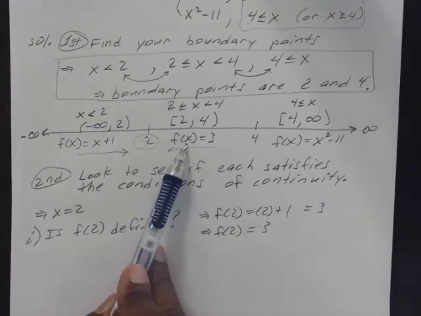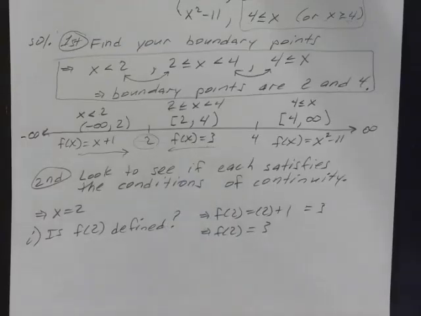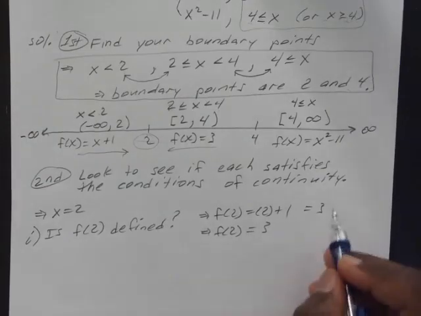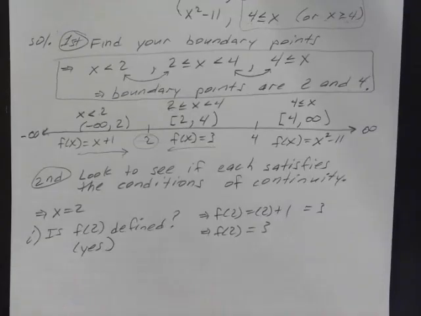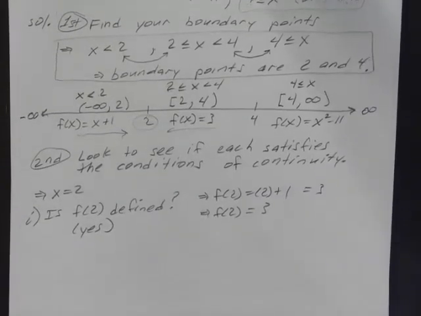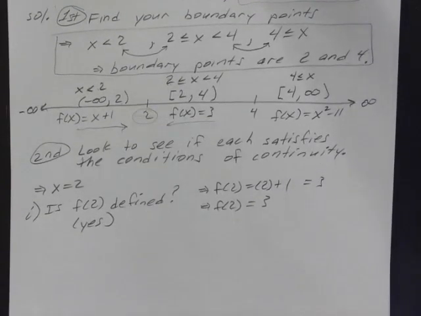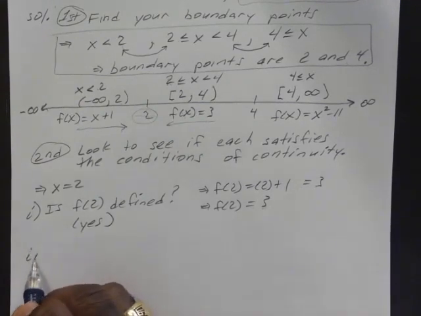So no matter what value of x you put in there, your y is still going to be equal to 3. So we can see here that yes, it is defined. And actually with this one, you solved number 2, or the second condition, already.